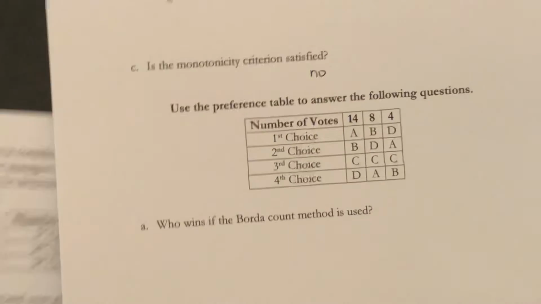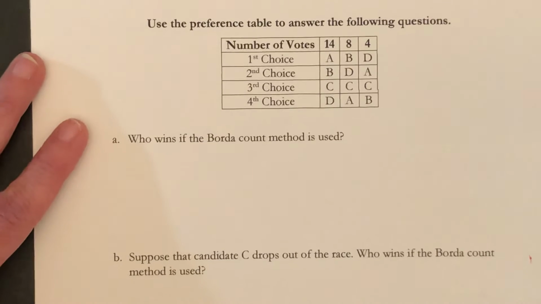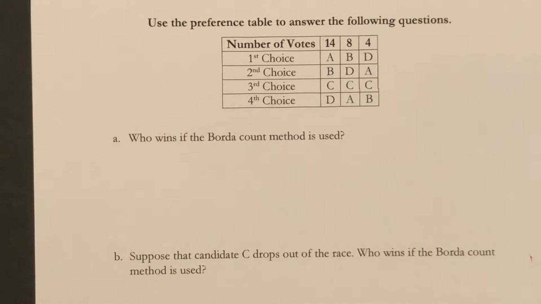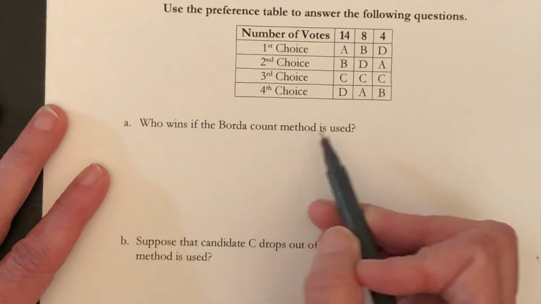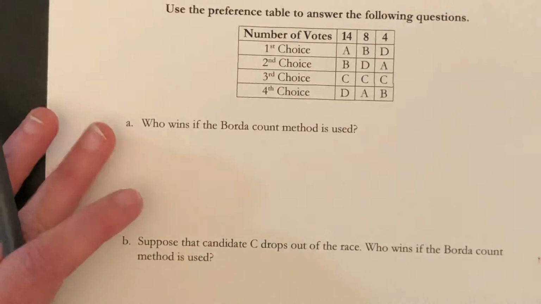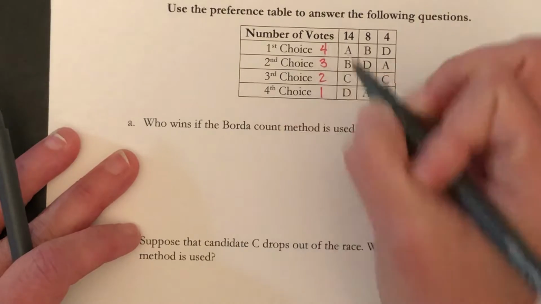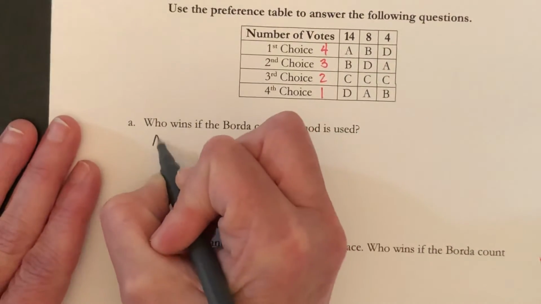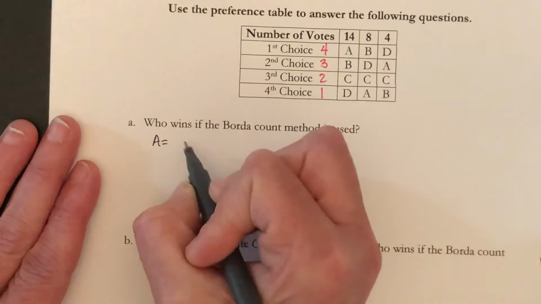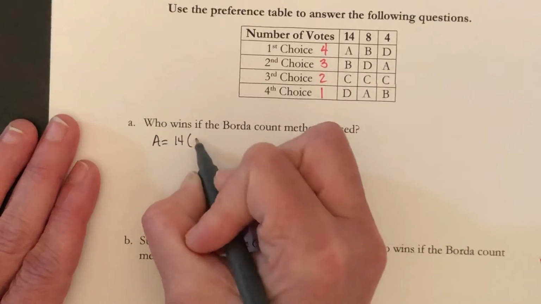Okay, and now our last criterion. We have this new preference table, and we are supposed to find who wins if the Borda count method is used. So I'm going to label my points here. Candidate A, 14 votes and receives 4 points for that.